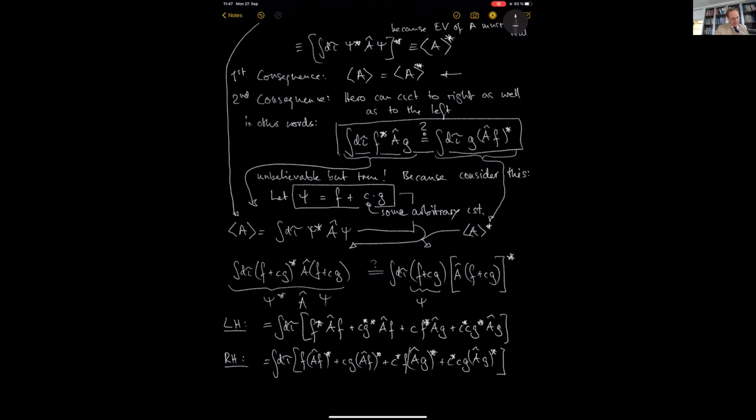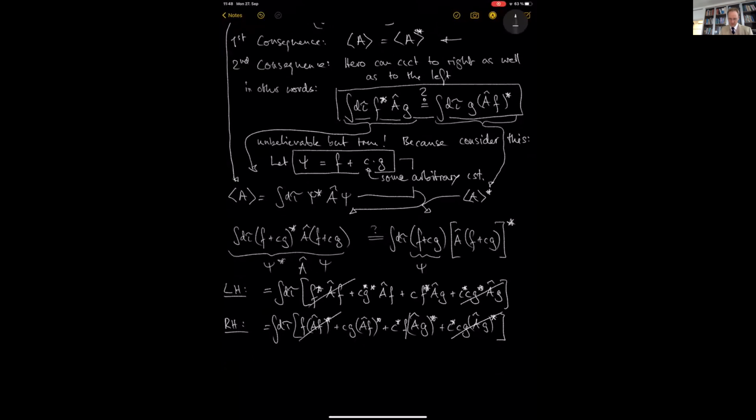Now, what you can see is that if this equality holds with the question mark, we have the same terms on the left and the right. Right? So if that equality holds, if that question mark is to be answered in the affirmative, then we can cancel some terms. In particular, this term and this term for the Hermitian operator are the same, right? That's what we discussed above. So now it's the same function f. And similarly, the last term here.